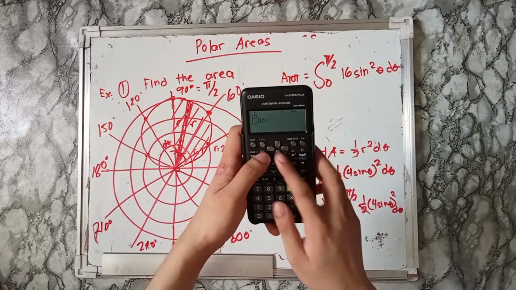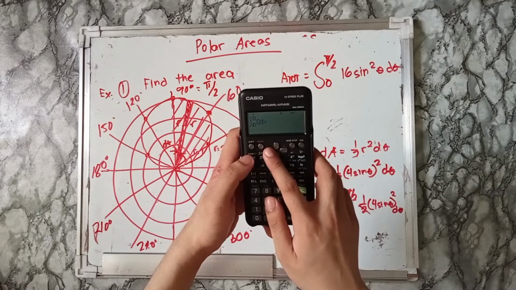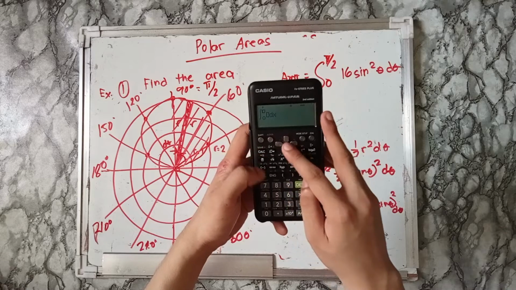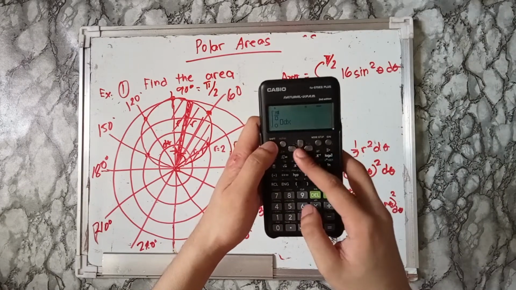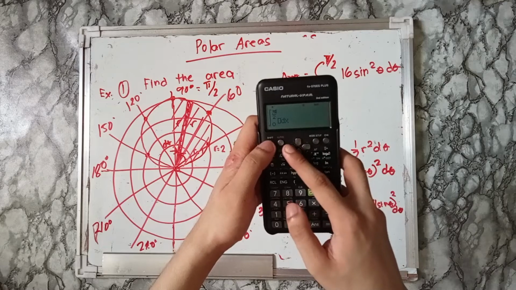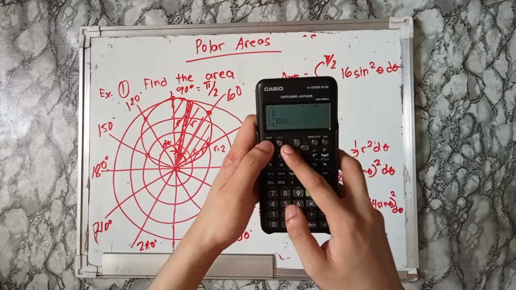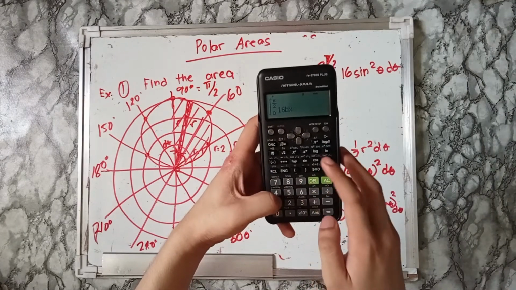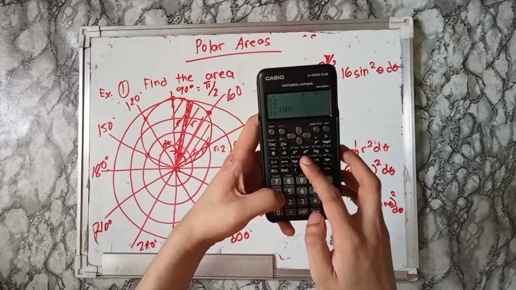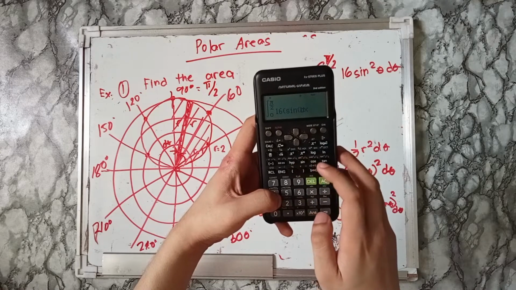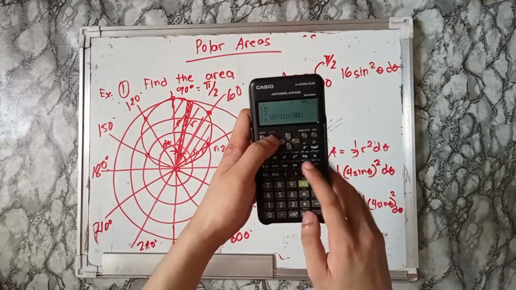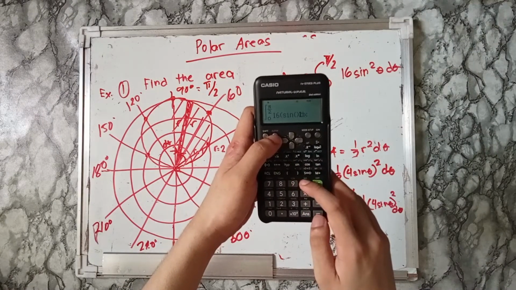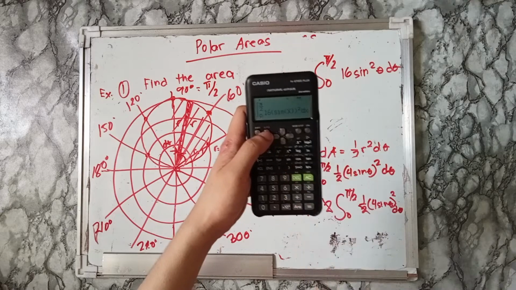So now the integral with limits from 0 to pi over 2, let's say 16 sine, so instead of theta let's put x, squared, right?